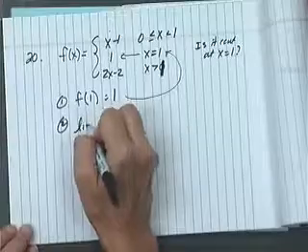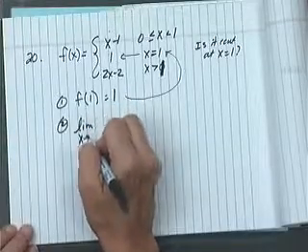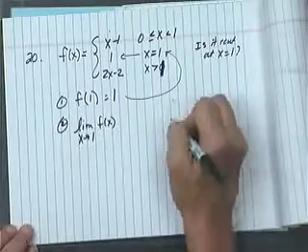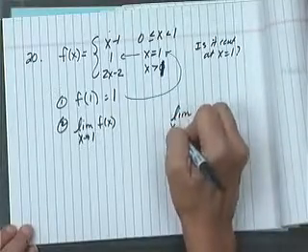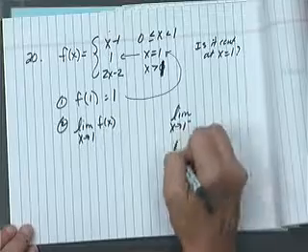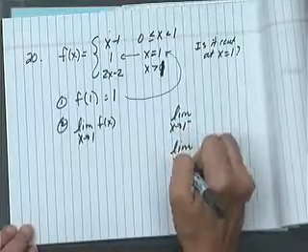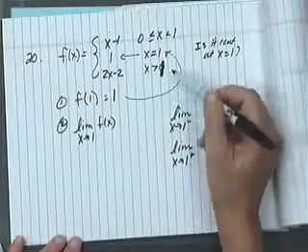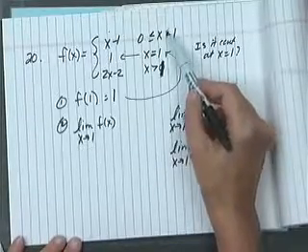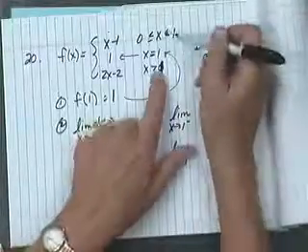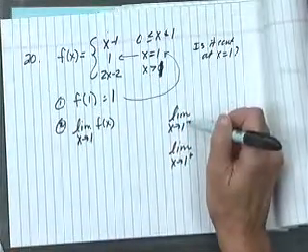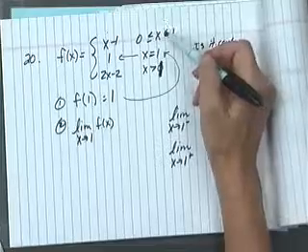All right, the next thing we want to do is look at the limit as x approaches 1 of our function. So that means we have to look on both sides of 1. Which one of these is just a little bit less than 1?